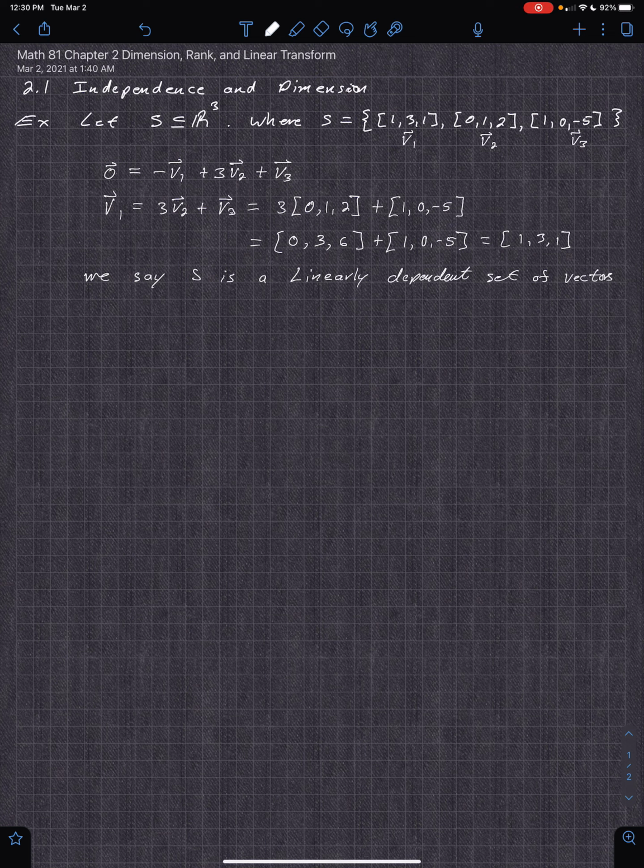And sometimes we drop the linearly part and just say dependent. So we can abbreviate and say linearly dependent like that. Or we say the vectors are dependent.